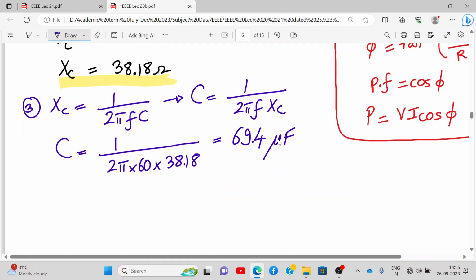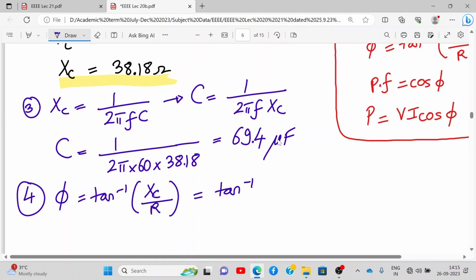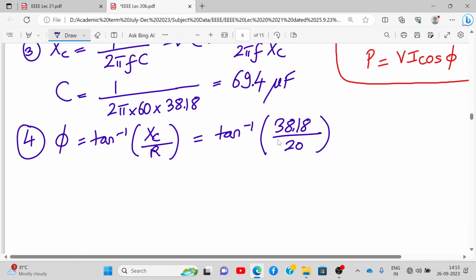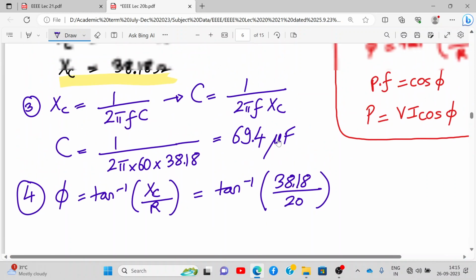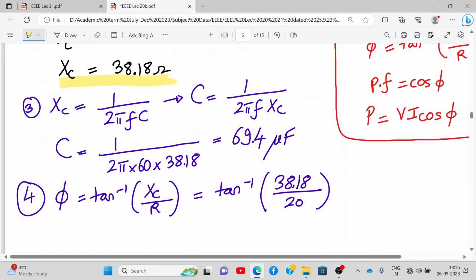Alright. Now how will you calculate phi? Phi was tan inverse of XC upon R. XC is 38.18 and R was 20. So calculate tan inverse of 38.18 divided by 20. So this is the value of capacitor, and now we have to calculate the phase angle phi.